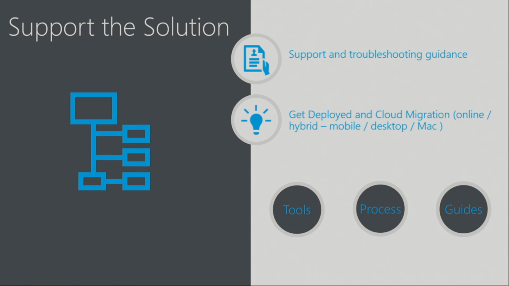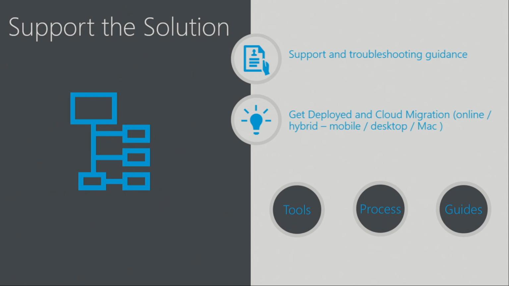What are some of the things that we provide guidance on from a support perspective? Like, hey, you should set up a split tunnel for your VPN users. So go read the document that we wrote on how to set up a split tunnel. Things of that nature. How do we provide that guidance to give you the ability to provide support and troubleshooting guidance as necessary? This includes online, hybrid, mobile, desktop, Mac, the whole bit. We want to be able to include all these bits and bobs.